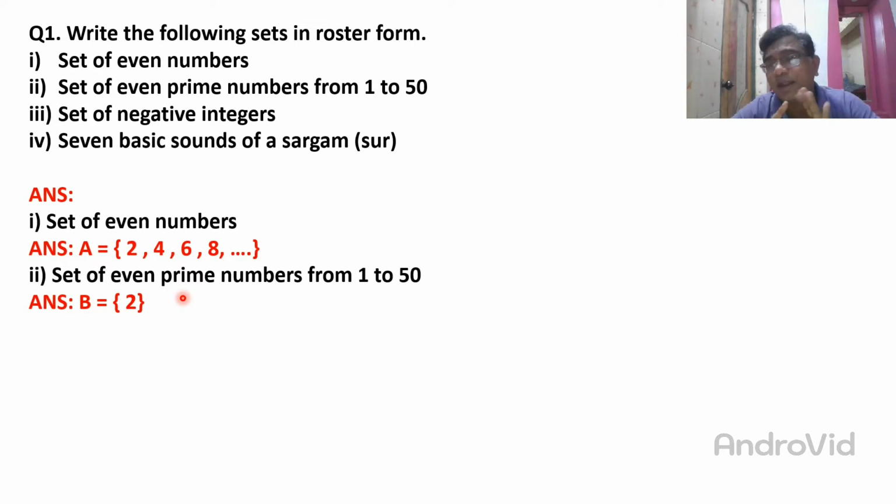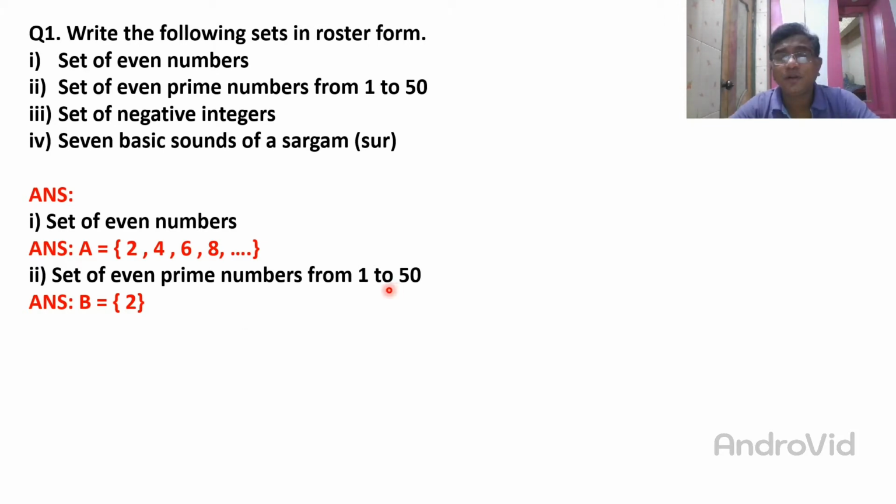So it is divided by 1 and by 2. A number which is divisible by 1 and itself is called a prime number. So from 1 to 50, the only possible even prime number is 2. Okay, remember that. Are you understanding what prime means? A number divisible by 1 and itself is called a prime number.